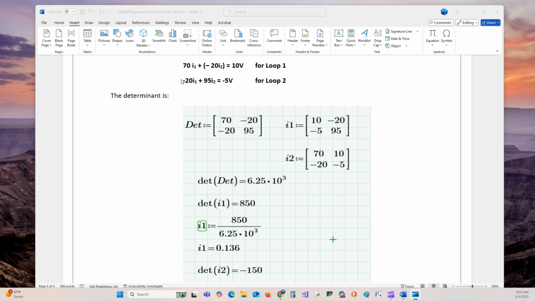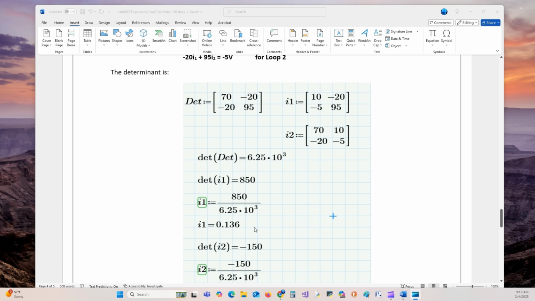So when we want to solve for I1, we're going to take these voltages here, the 10 and the negative 5, and place that right here, creating this matrix or determinant here. Of I1, so I1 equals this. We take this determinant, divide it into this determinant, resulting in I1 equals 0.136 amps.